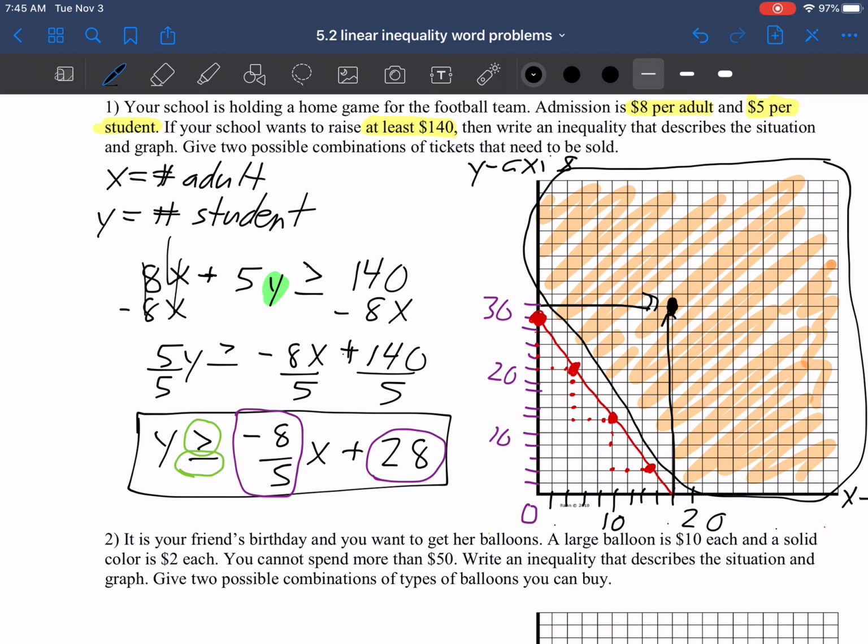And in that solution, if it's 18, comma 30, remember, x was your adults. Don't forget that right here. Y was your students.